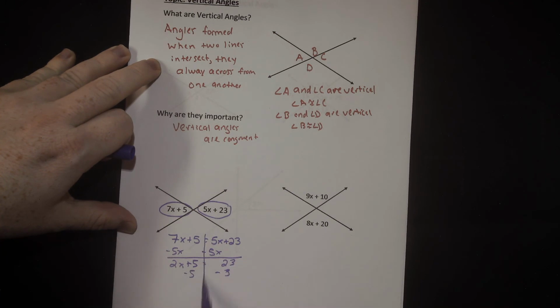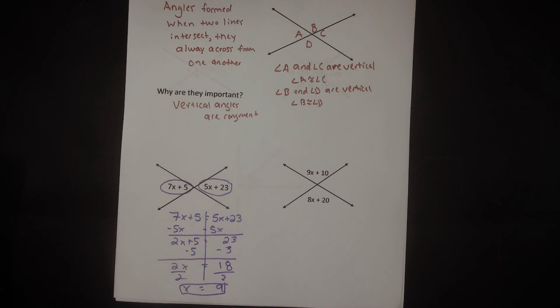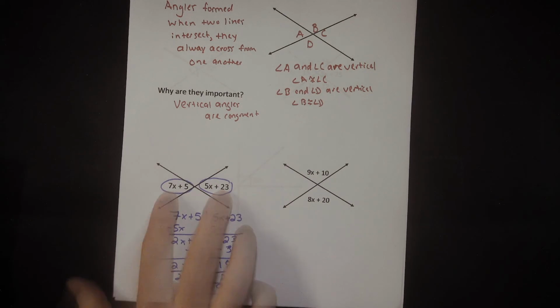Again, remember, you can throw your line down like that if you want to, just to help you keep things straight and know when you have to go across the side and do the opposite. But 23 minus 5 is 18. Divide by 2, x equals 9. Now this time I'm not requiring that we actually put it back in, but you could put it back in, and these should be exactly the same measure when it comes out.